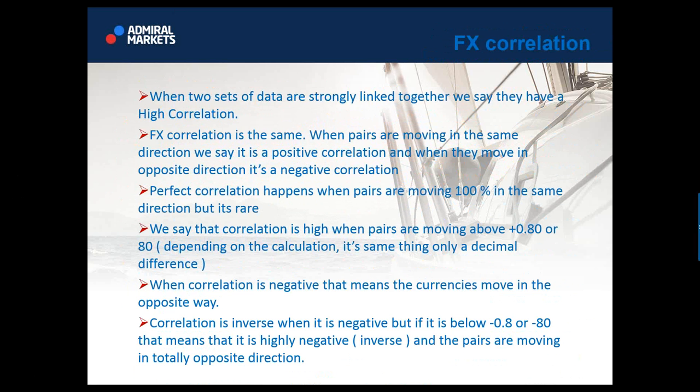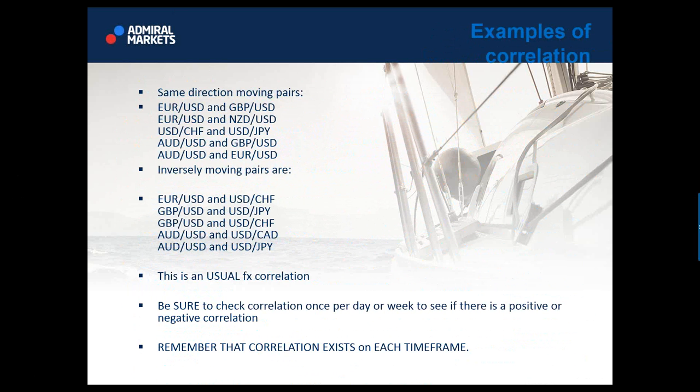But I can also witness, because I have tested it, that pairs which are moving above 50 are also in a good correlation. Okay? I will also show you how to use the matrix. Correlation is negative, highly negative, when the pairs are moving below minus 80 or minus 50. They are in a negative, strong correlation.